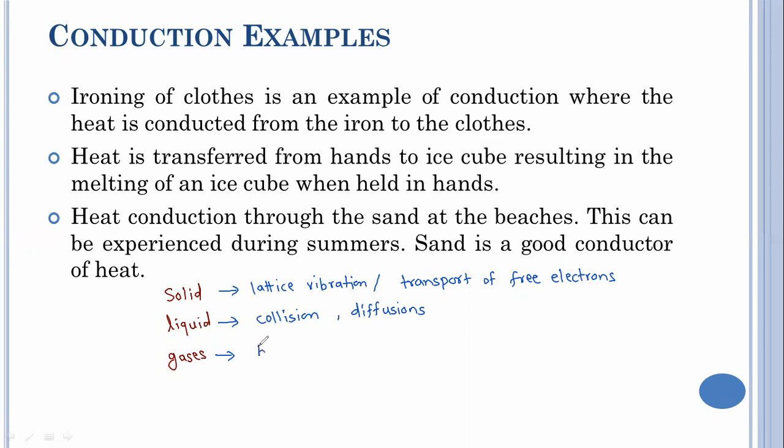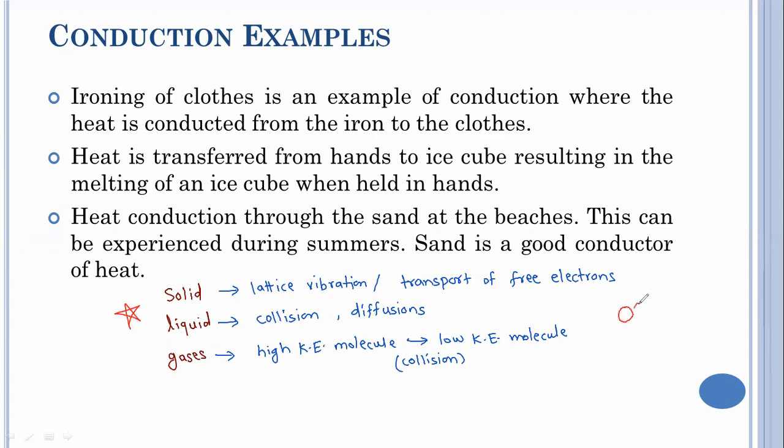So you have a high kinetic energy molecule colliding with low kinetic energy molecules. So collision is the mechanism by which conduction takes place in gases. This is very important: how conduction takes place in solid, liquid and gases.